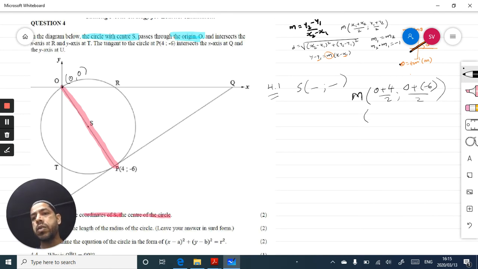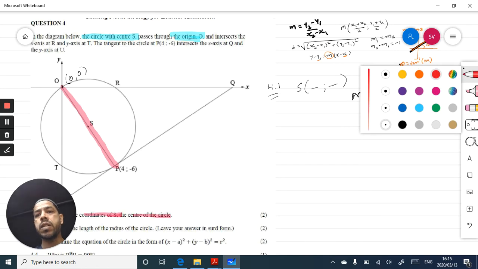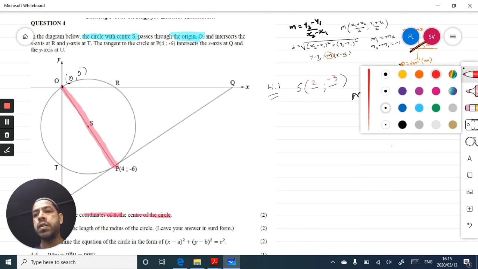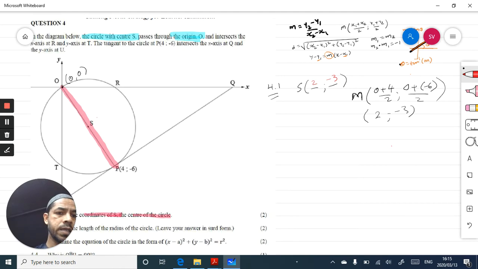So 0 plus 4 is 4, divided by 2 is 2. And 0 minus 6 is minus 6, divided by 2 is negative 3. So basically I found the coordinates of S, the center of the circle, which is 2 and minus 3.